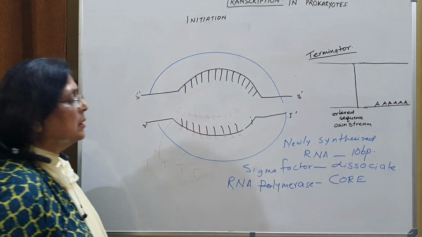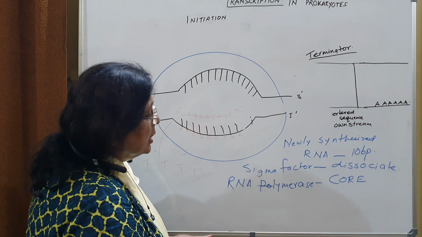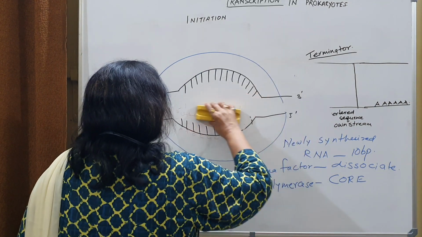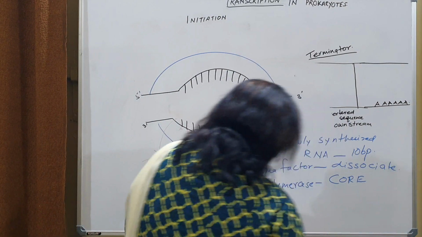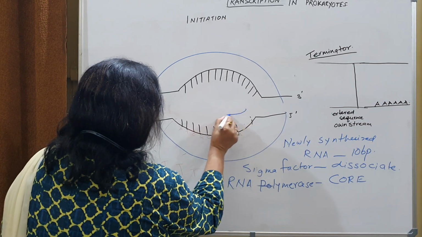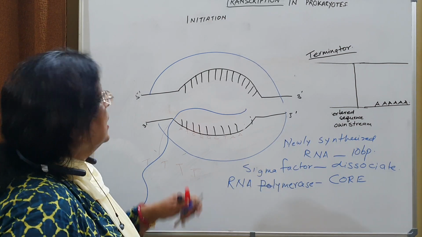So in this way the process of elongation will begin and a chain of RNA will be formed. In this way it goes on forming.